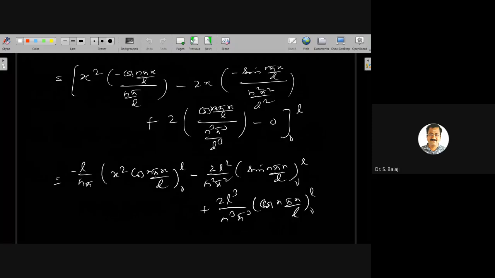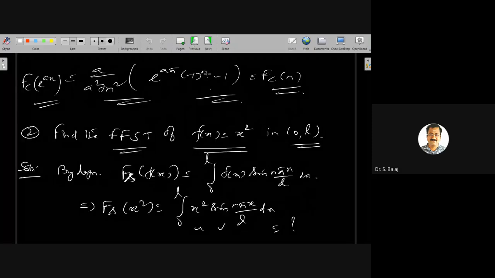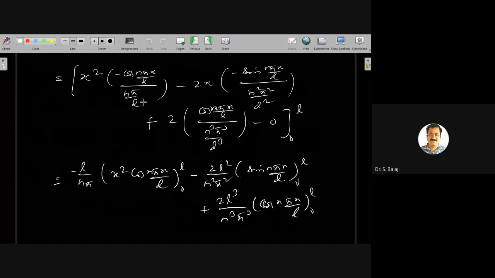V1 means integration of sin n pi x by L, that will be minus cos n pi x by L by n pi by L, minus differentiation of this one, which is 2x. And integration of this one already has a minus, therefore sin n pi x by L by one more n pi by L, n square pi square by L square.